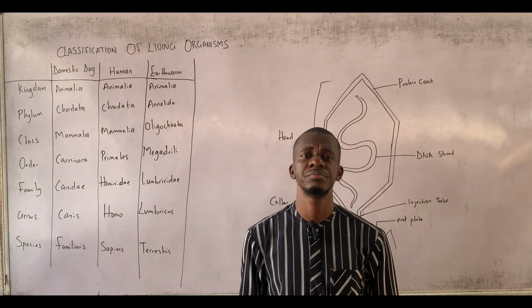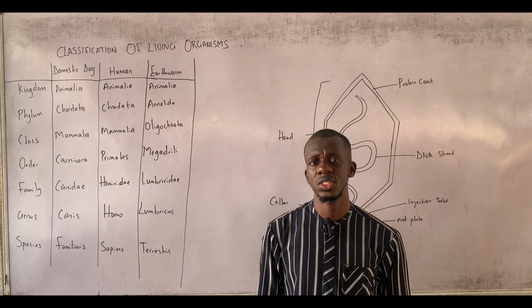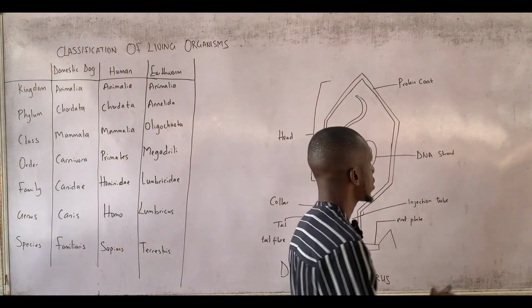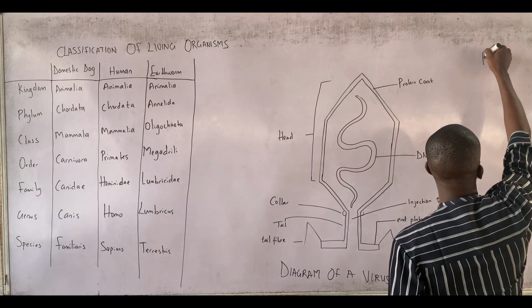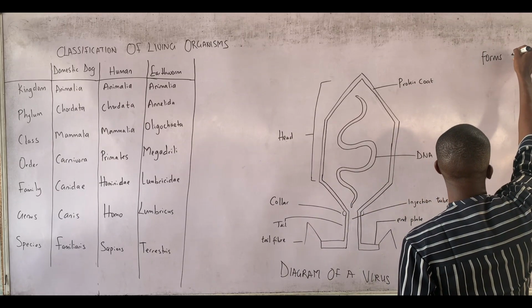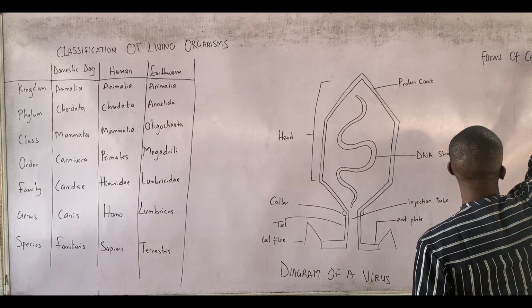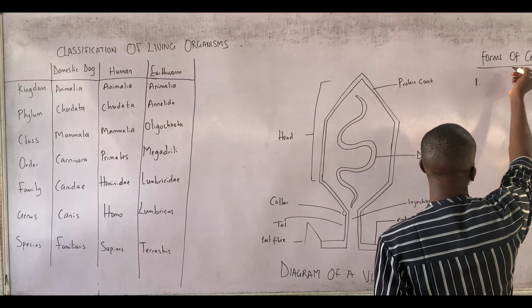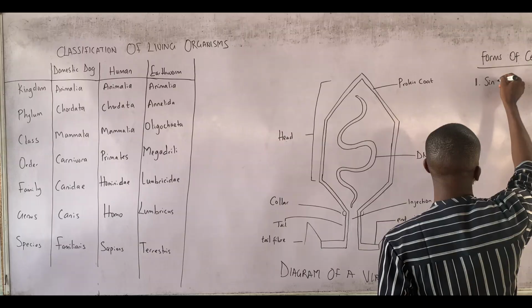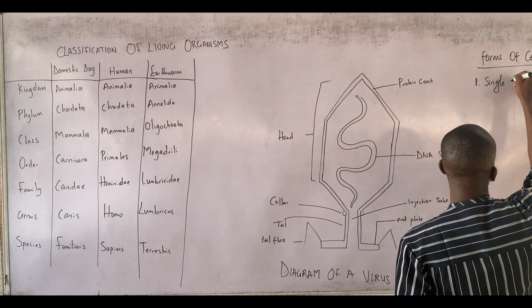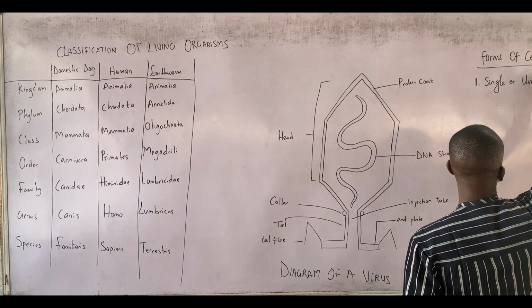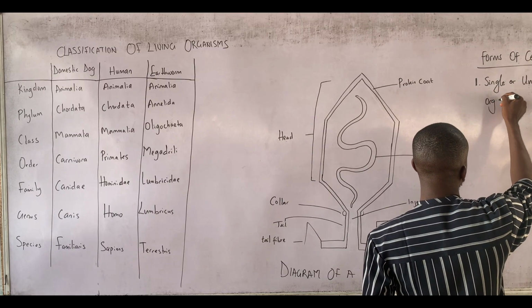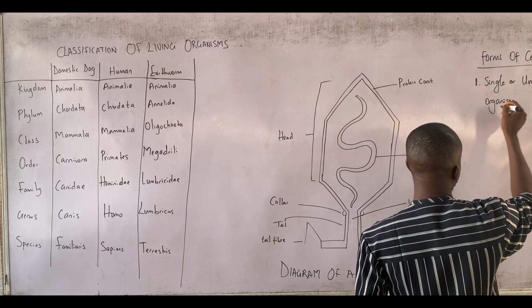Okay, so today, quickly, I want to start by enlightening us on what we know as the forms in which cells exist. Number one, a cell can exist as a single, also known as unicellular, organism.